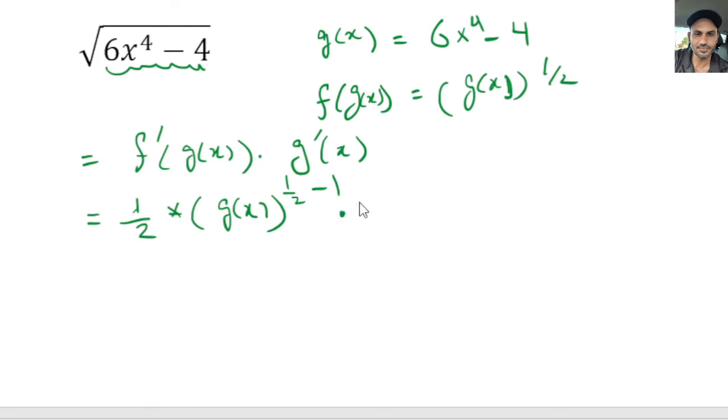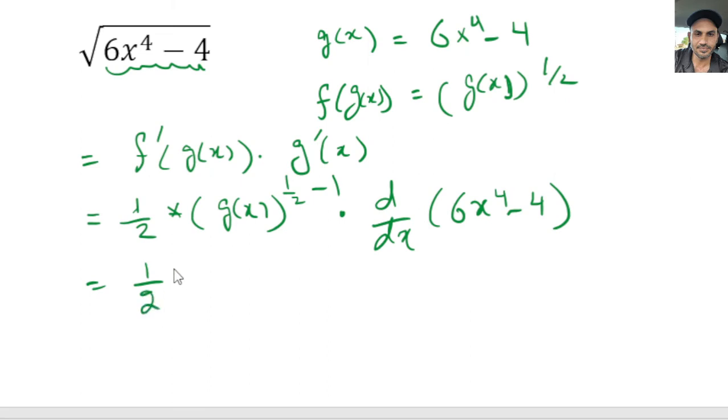And for the second portion, I'm just going to write the derivative notation. So we have 6x to the 4 minus 4. I haven't taken the derivative of this yet. So now we have 1/2, and in parentheses, I'm going to substitute the value of g of x, which is 6x to the 4 minus 4. Okay. And 1/2 minus 1 is just negative 1/2.